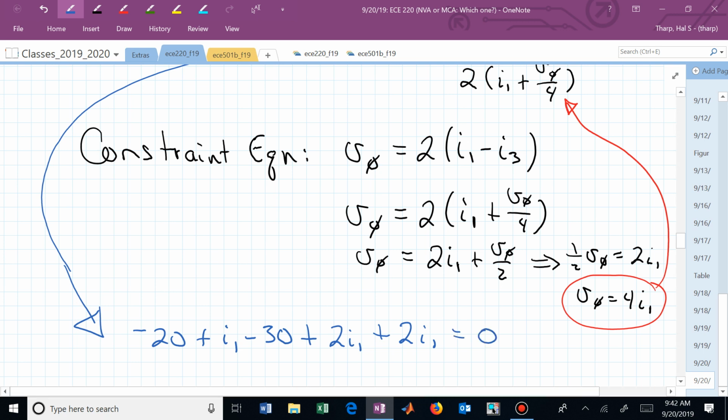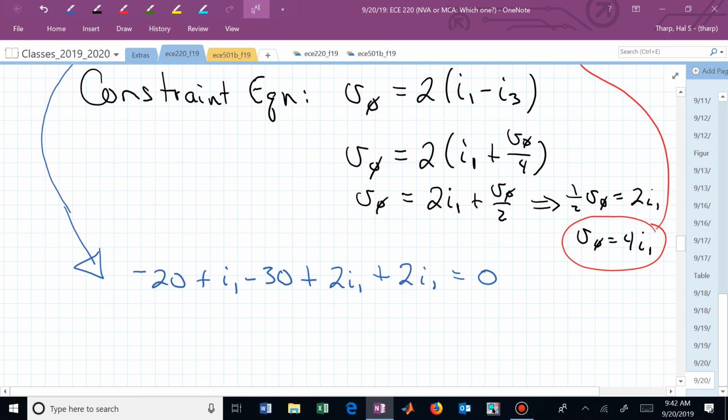And that's equal to 0. Or we now have 5I1 is equal to 50. I1 is now equal to 10 amps.